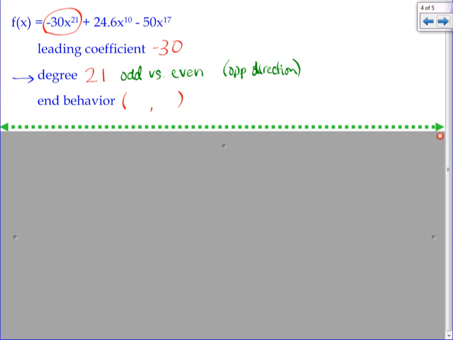The leading coefficient, what are we looking at? What versus what? Yep. What value or what characteristic of this number are we looking at? Odd versus even, positive versus negative? Positive. Okay, so we're looking at positive versus negative. And it is positive, or, sorry, it is negative, which means what?